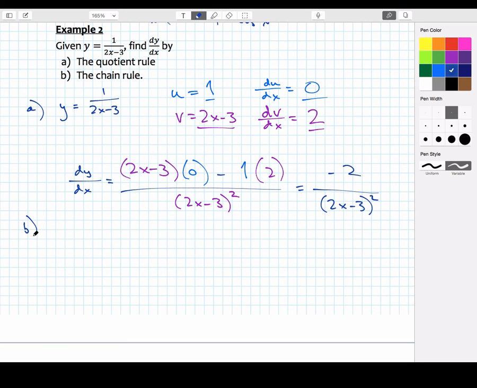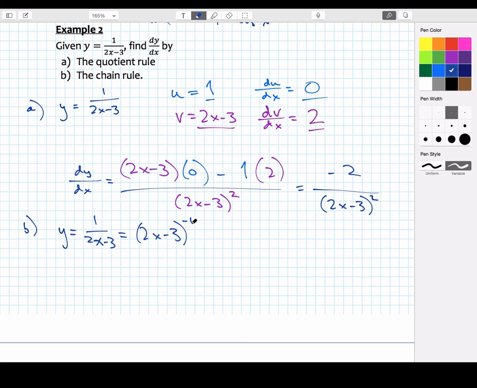But I'm going to suggest rewriting this first. y equals 1 over 2x minus 3. When we use the chain rule, can we rewrite it with an exponent? Yes: y equals (2x minus 3) to the power of minus 1. This is exactly what you were suggesting; you just left it as a fraction.